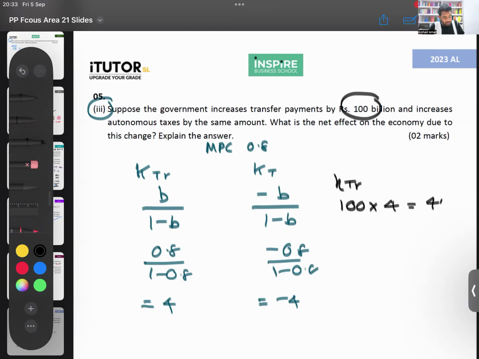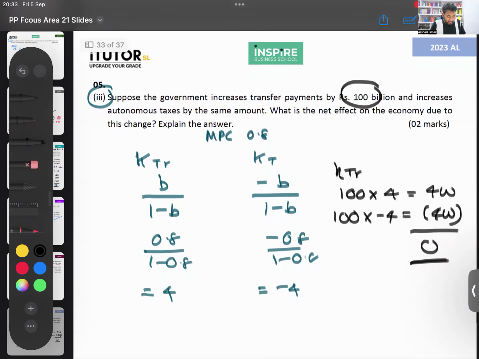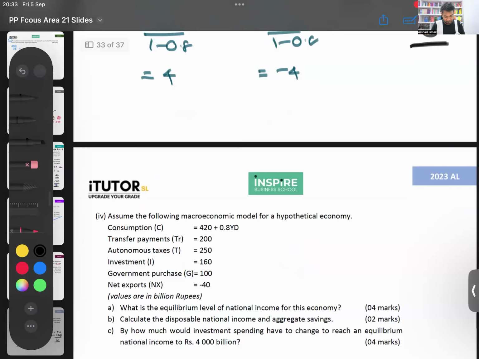National income will go up by 400. If you increase taxes by 100, it will multiply by minus 4. National income will fall by 400. At the end, the impact on national income is simply the tax and transfer multipliers netting out, as long as you know the tax and transfer multipliers are the same thing in opposite directions. One is a plus, one is a minus. Okay. Right. This one.